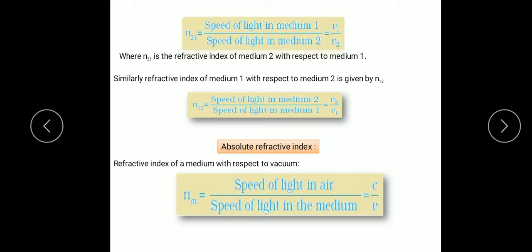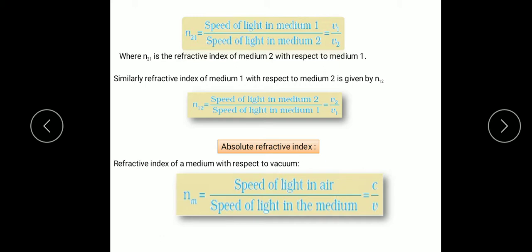Now what is absolute refractive index? The refractive index of a medium with respect to air or vacuum is called the absolute refractive index. The absolute refractive index of a medium is simply called its refractive index.